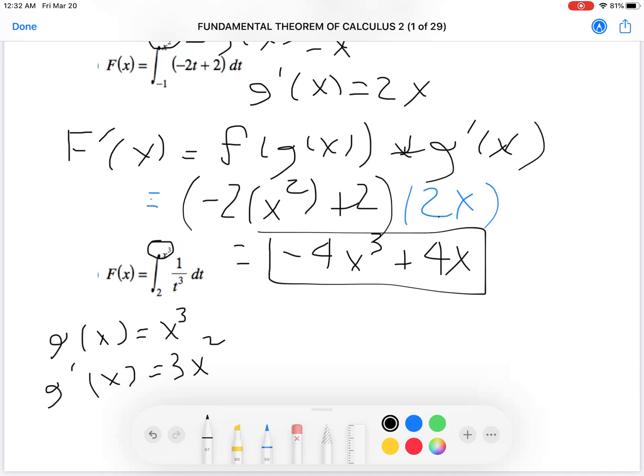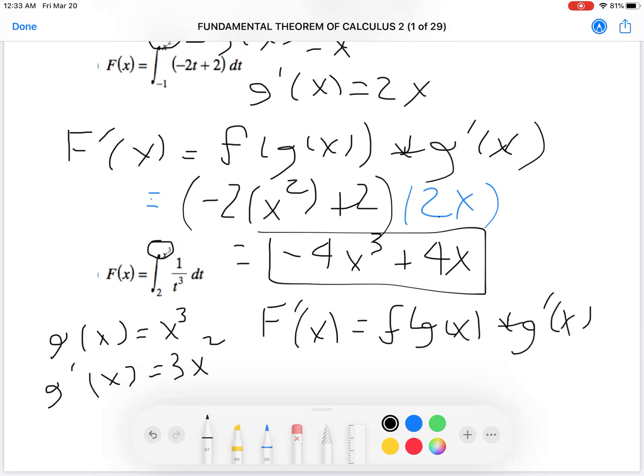I'm going to use that formula again. It says that I'm going to do f of g of x times g prime of x.